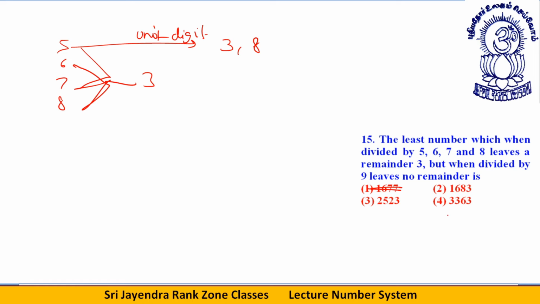Since the number is divisible by 9, the digits 3, 3, 3 combined cancel, but 6 is the remainder, so this cannot be the answer. 252 combined together is 9, but 3 will be the remainder. Only this is possible. 1 and 8 combined give 9. 6 and 3 combined give 9. This is completely divisible by 9. Therefore, option 2 is our answer. I'm sure it must be clear to all of you, my dear students. Let's move to the next question.